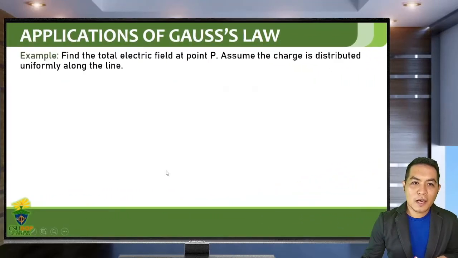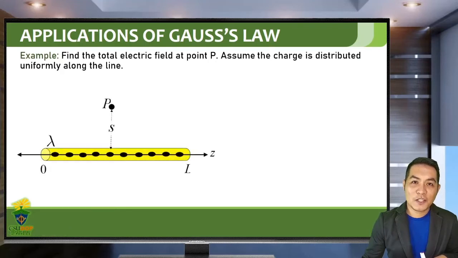Let's now have another application where we have a line charge. This is actually the same problem that we had before in Coulomb's law for continuous charge distribution. But here we're going to solve the same problem using Gauss's law, and you will notice that it will be much easier.